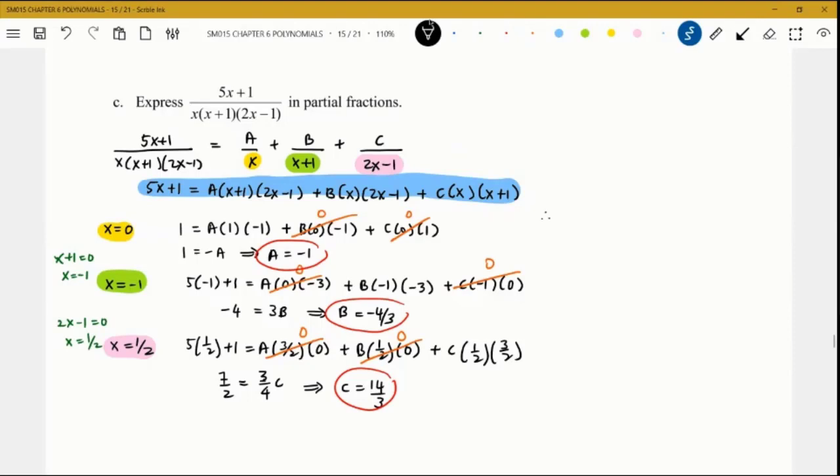So directly kita boleh tulis balik 5x plus 1 over x, x plus 1, 2x minus 1 equal to A kita adalah negatif 1 per x, plus negative 4 over 3, so minus 4 over 3 x plus 1, and then plus 14 over 3 2x minus 1. Okay, terus masukkan nilai A, B and C.